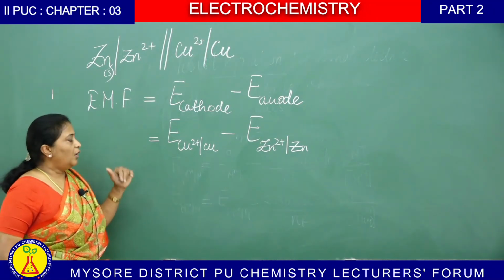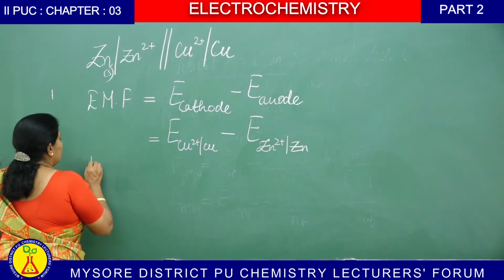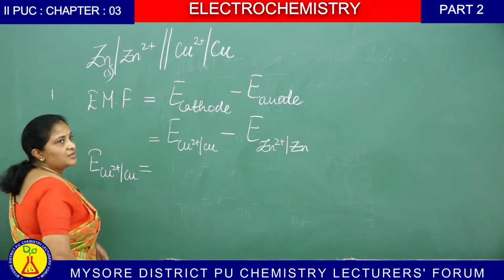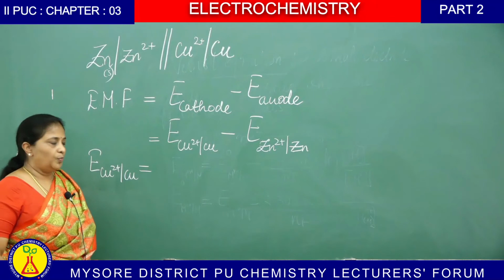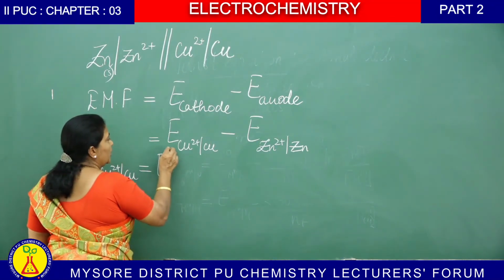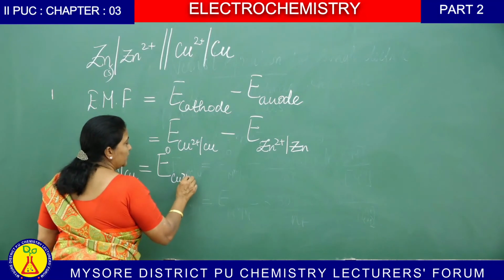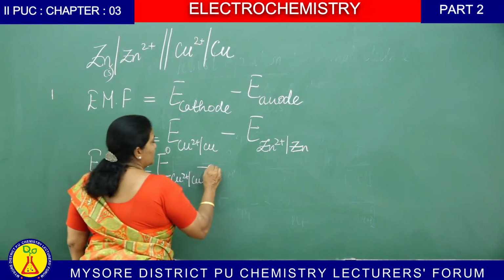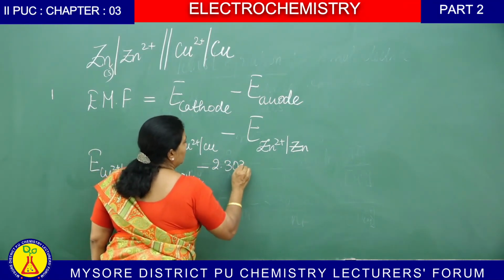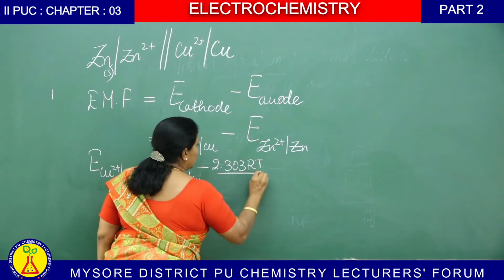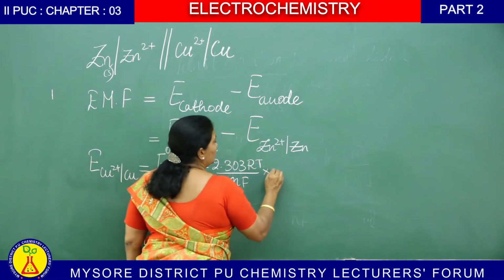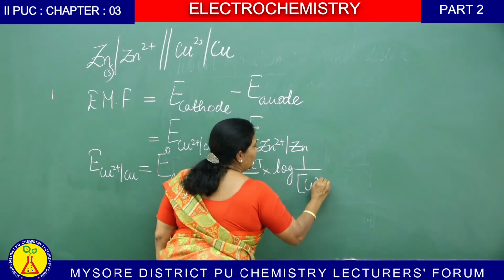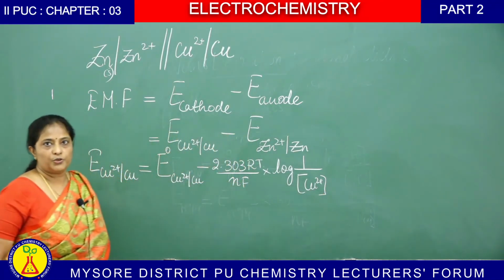The EMF of the copper electrode, according to the Nernst equation for the single electrode potential, will be equal to E naught of copper, which is the standard reduction potential of the copper electrode, minus 2.303 RT by nF into log of 1 by the concentration of copper ions in solution.